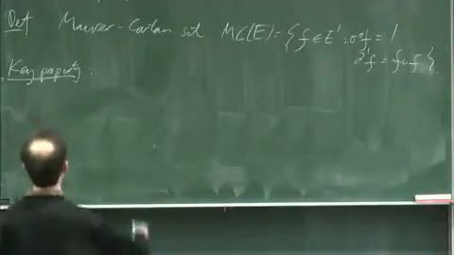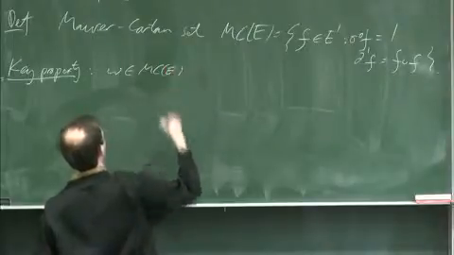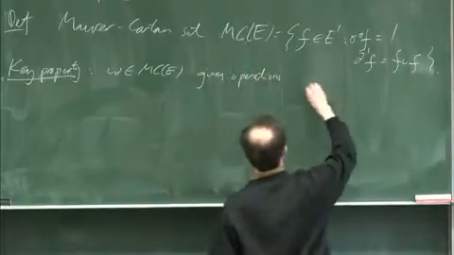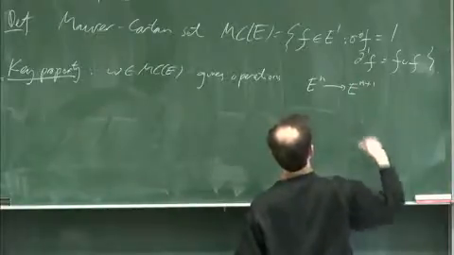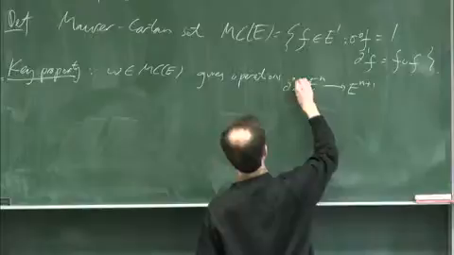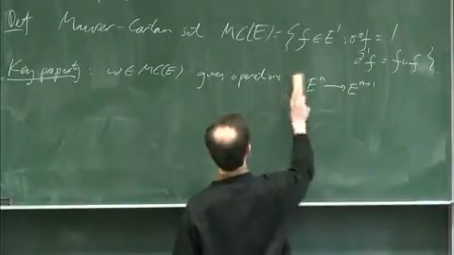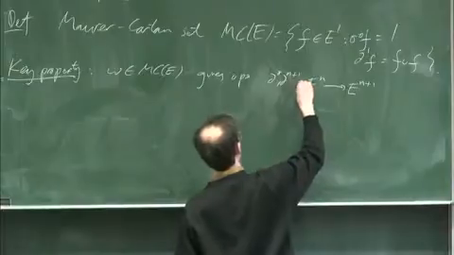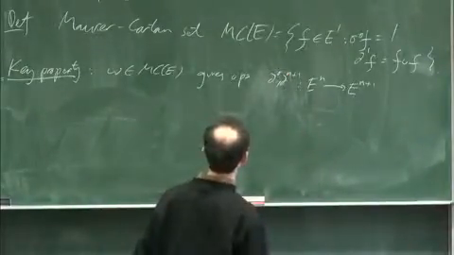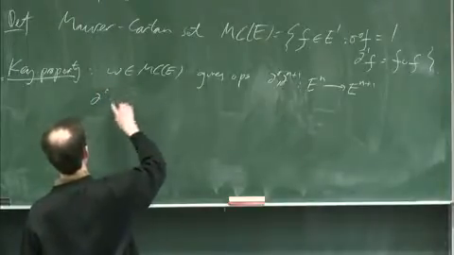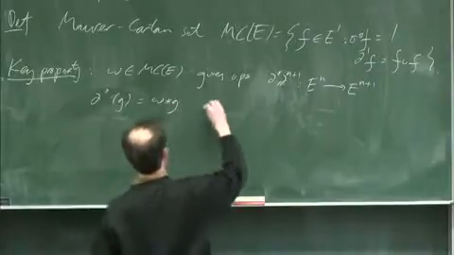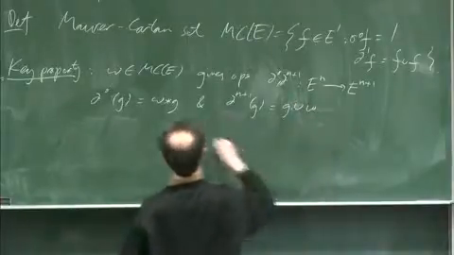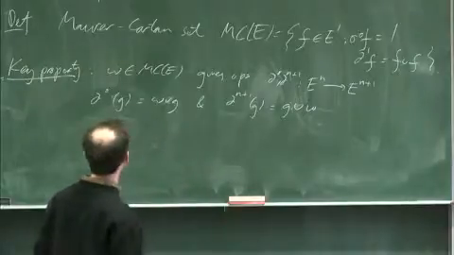Because omega in MC(E) gives operations d0 and dn plus 1 from En to En plus 1, by d0 of g is omega cup g and dn plus 1 of g is g cup omega.